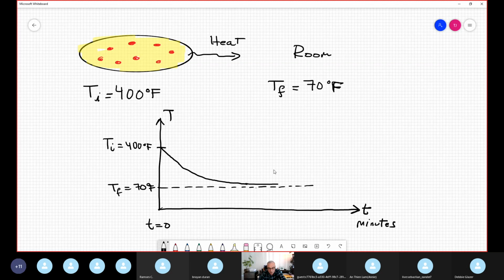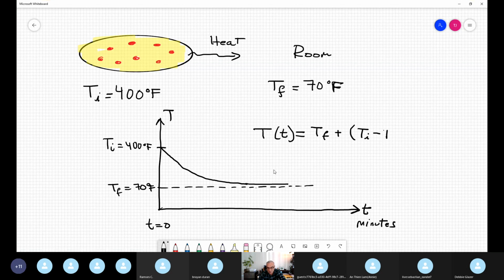Okay, this is a little bit different process, and the equation is more complicated. The equation is: temperature at any time is equal to temperature final plus parenthesis temperature initial minus temperature final, e to the kt.